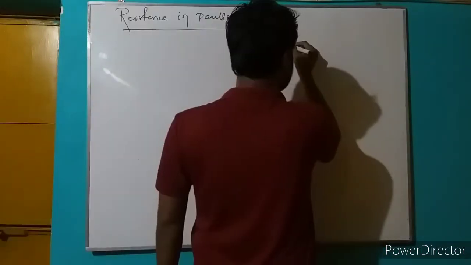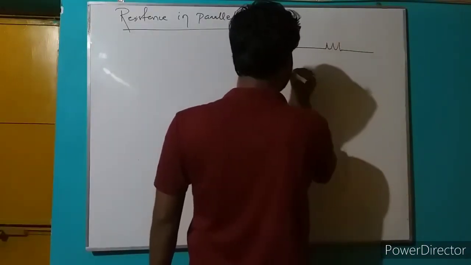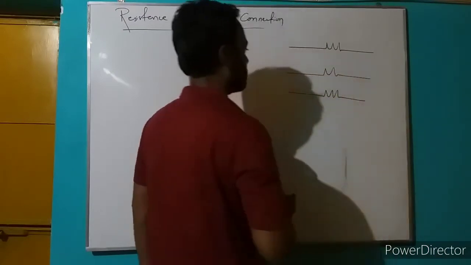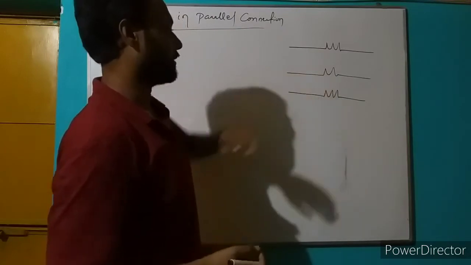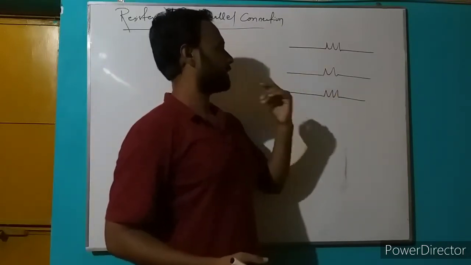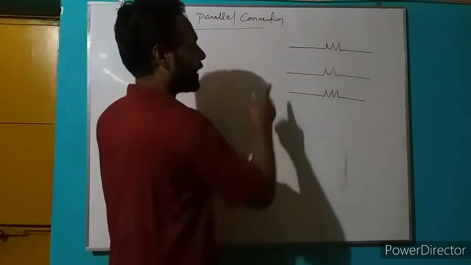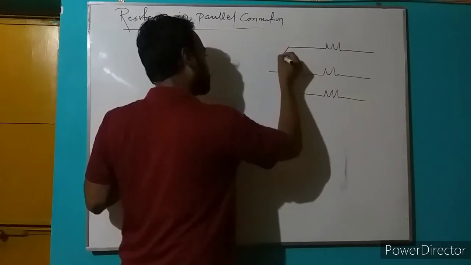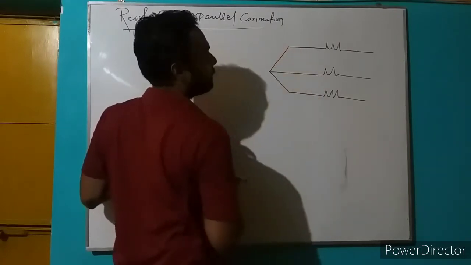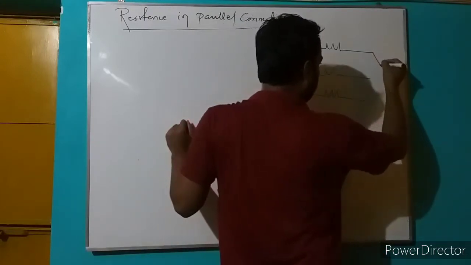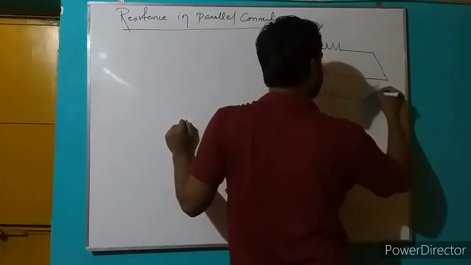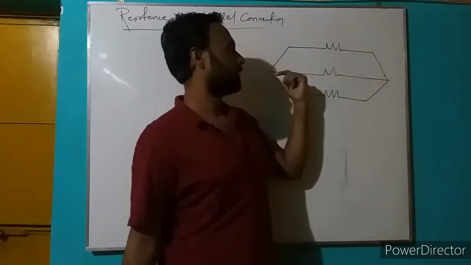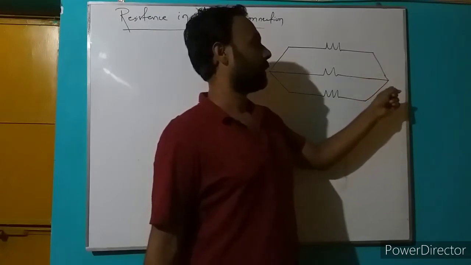Here there are three resistors: first resistor, second resistor and third resistor, whose right parts are connected at a particular point, and the left parts are also connected to a particular point.